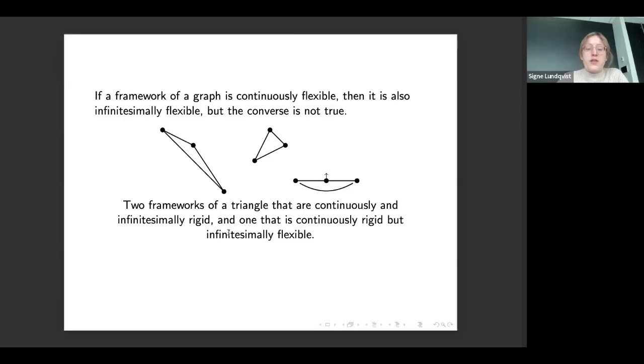So if you look at these frameworks of a triangle, then two of them, this one and this one, are continuously rigid and also infinitesimally rigid. But this framework here, where all the points are collinear, has a non-trivial infinitesimal flex.